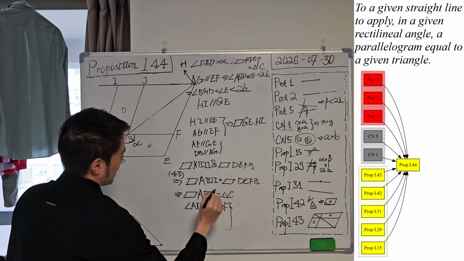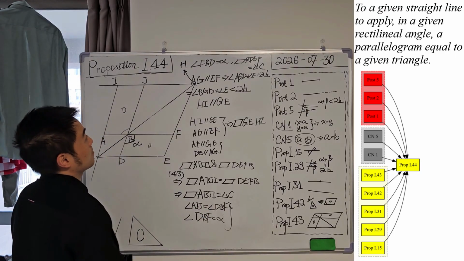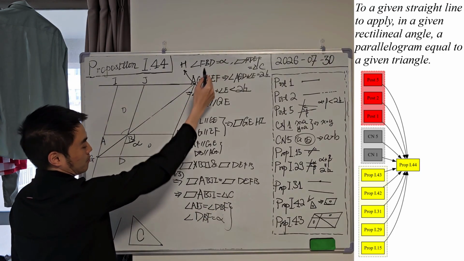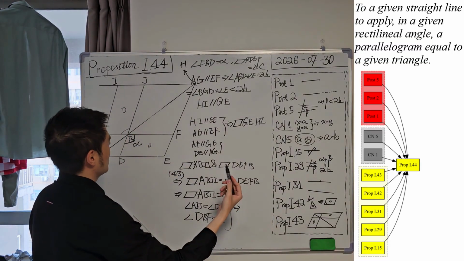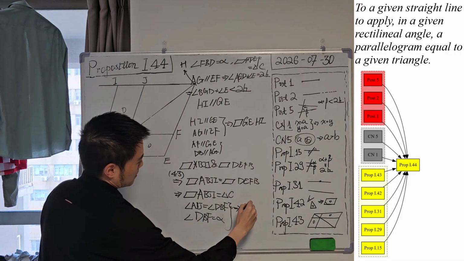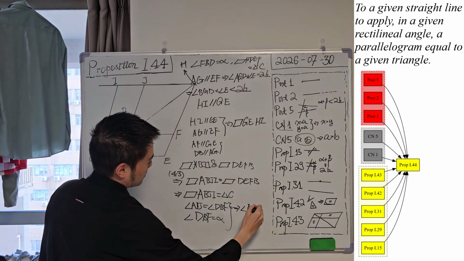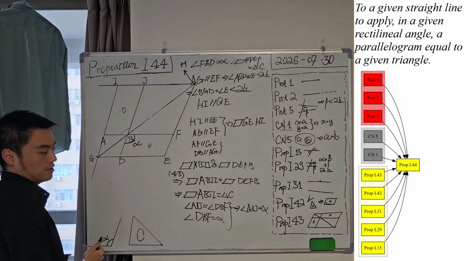And if we combine, angle DBF is equal to alpha, because we constructed it like that, right? And using common notion 1 again, we can conclude angle ABJ also equals alpha, which is the given rectilineal angle.